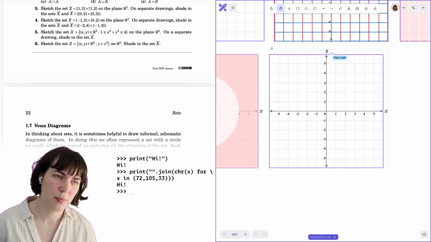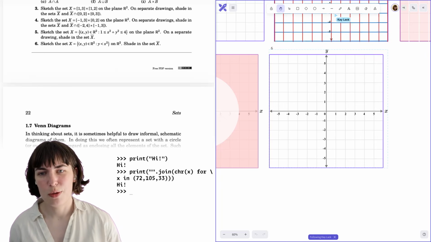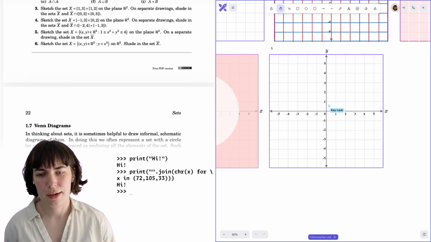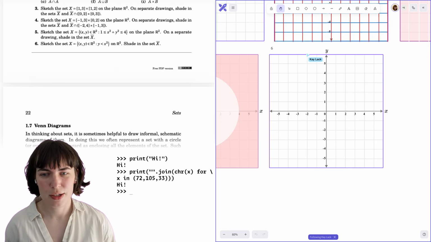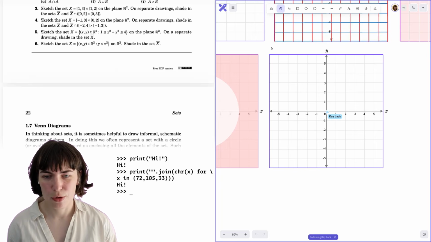So y equals x squared would be a parabola. Is that the right word? Parabola. And it would go through 1, 4. Yeah, we go through 1 and 4.